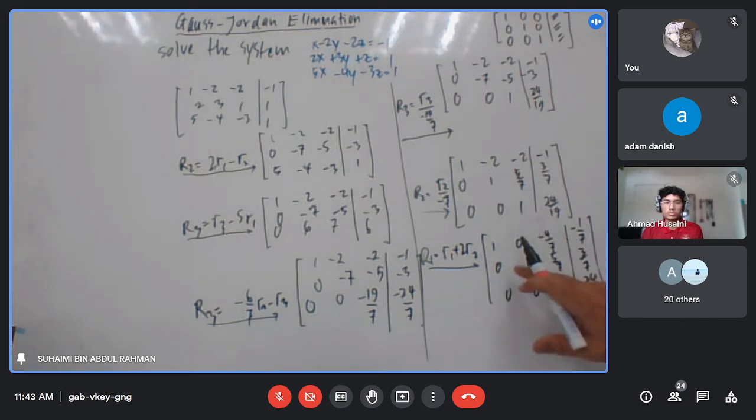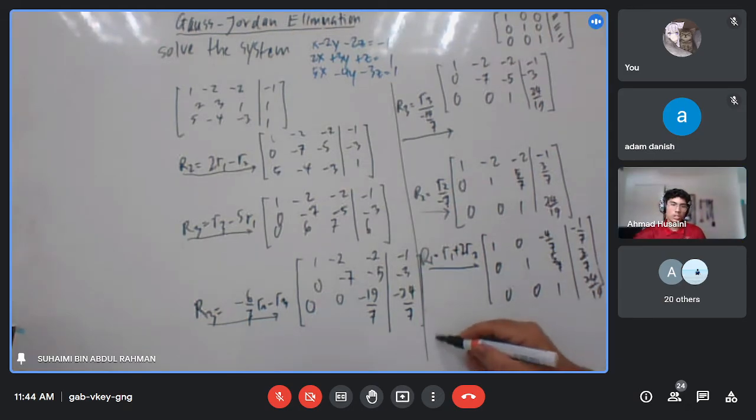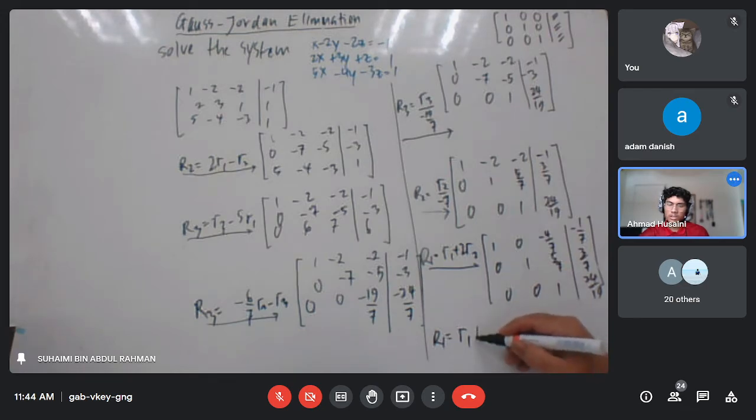I still need to make 0 there, and at the same time keep 1 and 0 there. Row 1 plus 4 over 7 row 3.